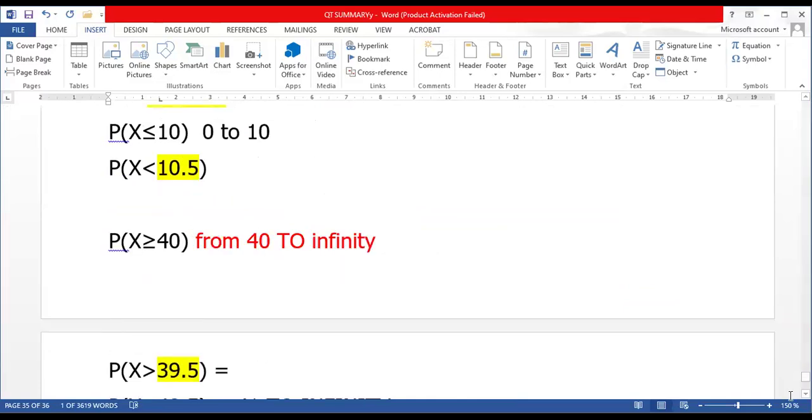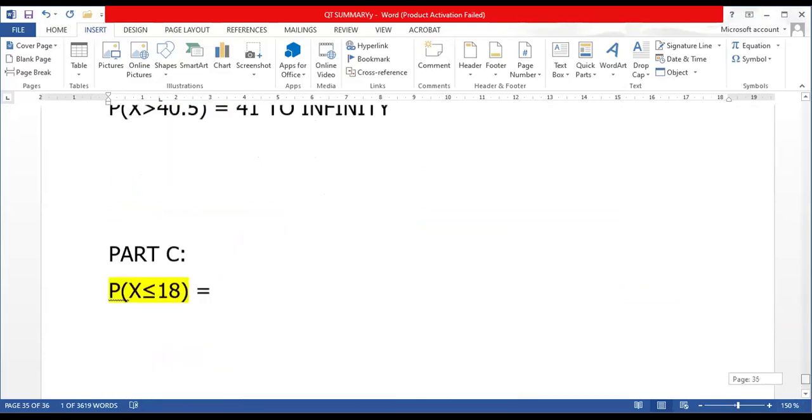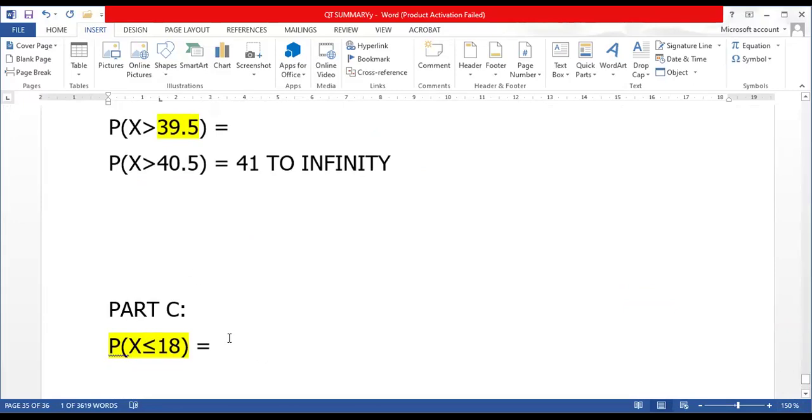And I know that for me to get that probability, I simply get the total probability minus the probability of X greater than 18. I can get this directly.